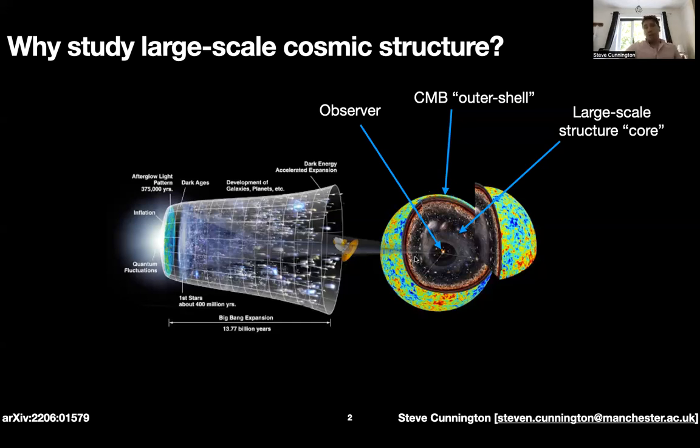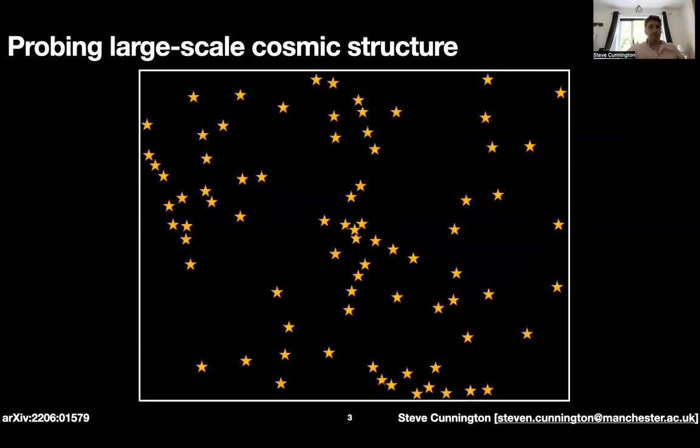If we go to probing the large-scale cosmic structure, we can probe this in 3 dimensions. And if we do this sufficiently precisely, then we should be able to surpass the constraints that we have with the CMB. So that's the idea behind doing this.